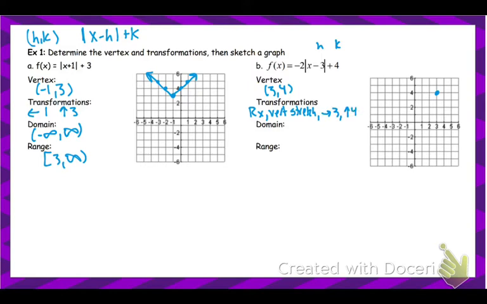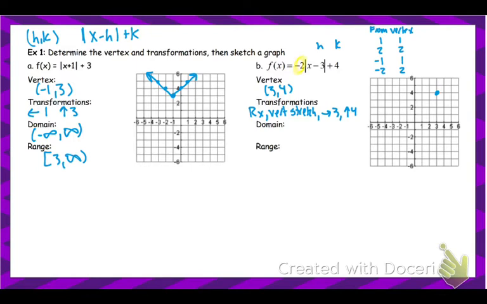So again, let's look and see what this graph does in relation to what the parent function does. So typically our parent function in relation to the vertex went right 1 and up 1, went right 2 and up 2, left 1 and up 1, and left 2 and up 2. That's what it did from the vertex. But this graph is going to look a little bit different because this graph has been both reflected over the x and vertically stretched.